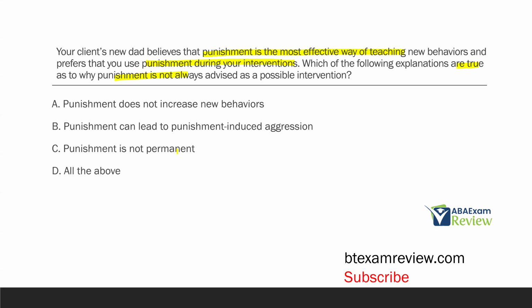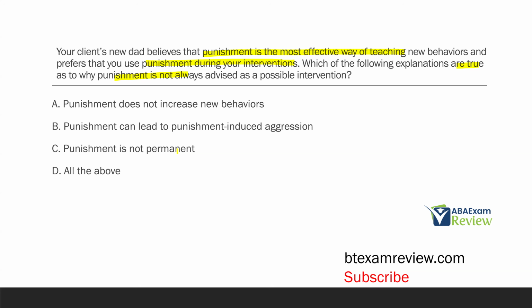And then C, punishment is not permanent. This is the big one. Punishment decreases behavior, but it's not permanent. If you don't teach a replacement behavior for a behavior that's been punished and you stop punishment, that behavior is very likely to come back, because it's still serving a purpose, it's still serving a function, it's meeting a need.